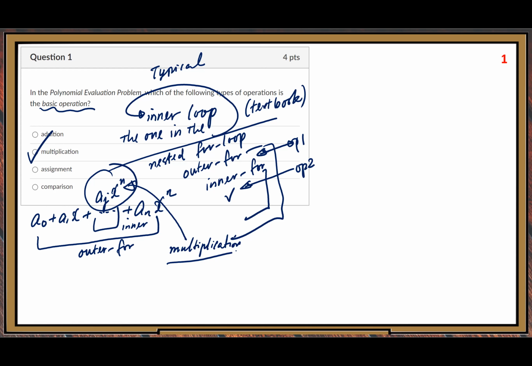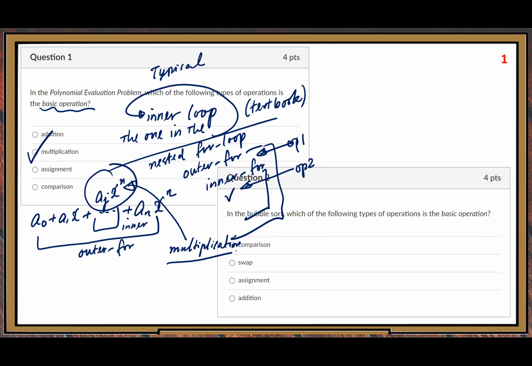The second question, bubble sort. Which of the following types of operation is the basic operation? In bubble sort, we use these two, but comparison is the basic operation, not swap. Be careful.